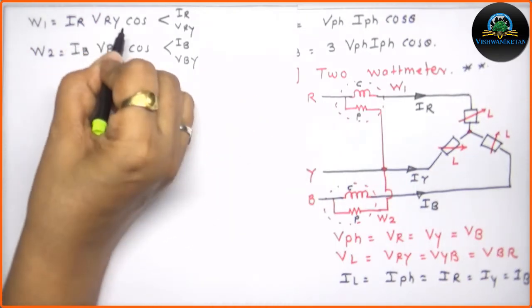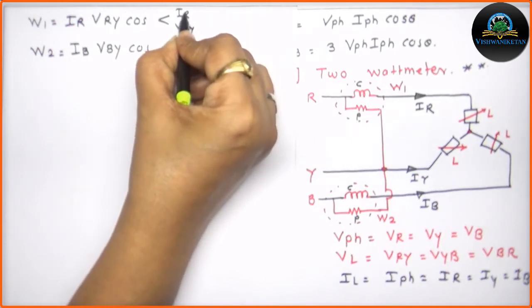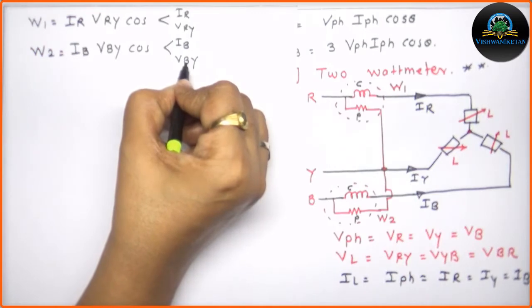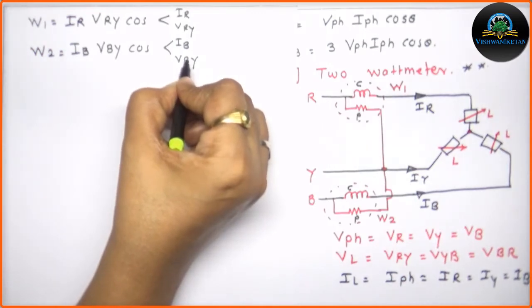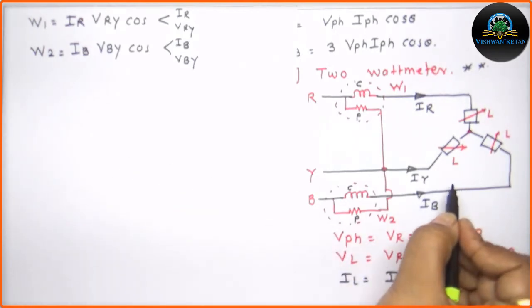Now after getting this equation, it has become essential to find out the exact angle between IR, VRY and IB, VBY. For that reason, it is necessary to draw the complete phasor diagram for the given circuit.